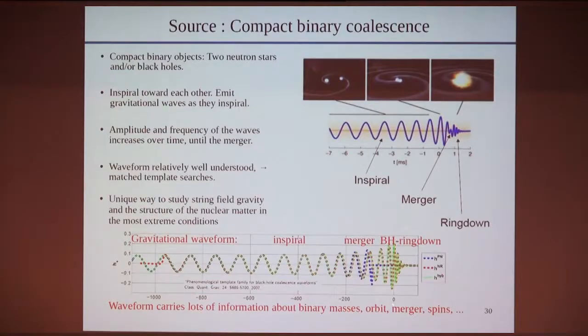Because the only thing I forgot to mention, and this is what you see here, is that the amplitude is increasing. The closer you are to the merger, the higher the amplitude is. So what we are able to detect is only the end, just before the merger.